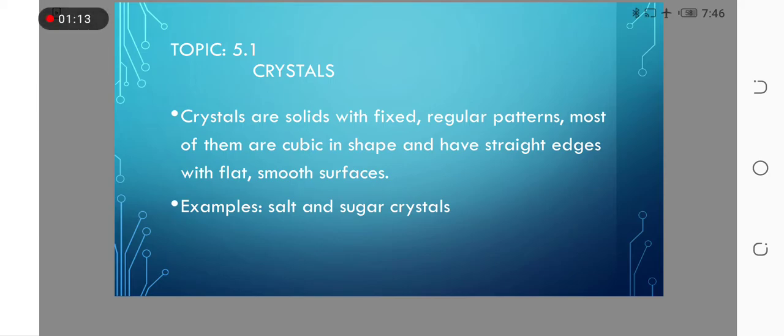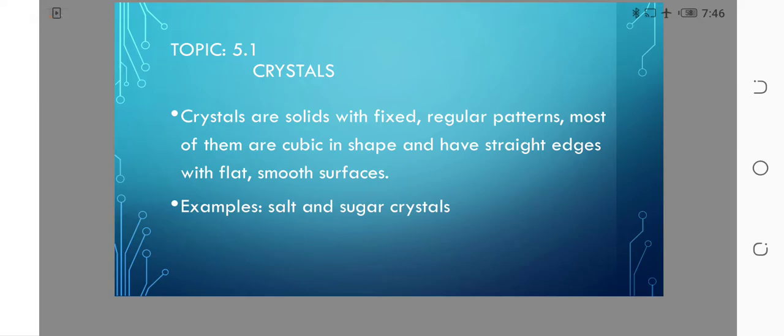If you look closely enough, you will notice that sugar and salt are cubic in shape and have straight edges with flat, smooth surfaces. Solids such as salt and sugar are all crystals.